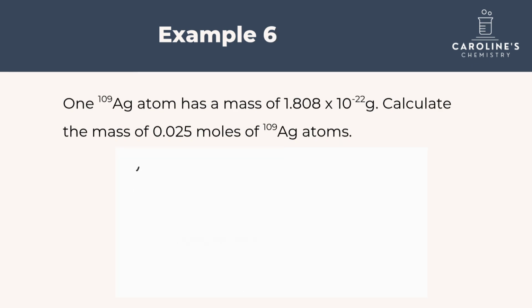We're told that 1 silver atom, gold is Au, silver is Ag, has a mass of 1.808 times 10 to the minus 22 grams. In order to find out 1 mole, because it's always easier to go to a mole first, I'm going to times by the number of atoms in a mole.